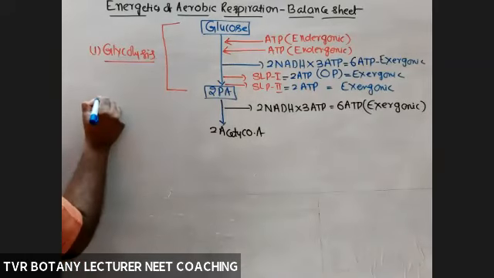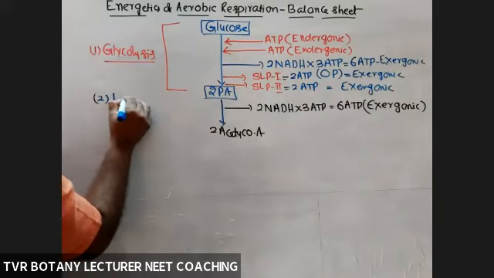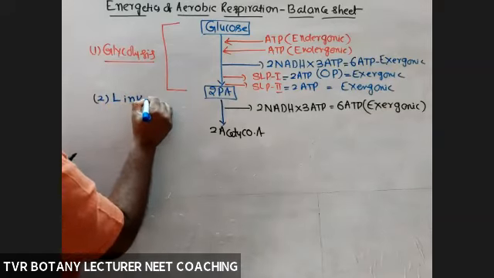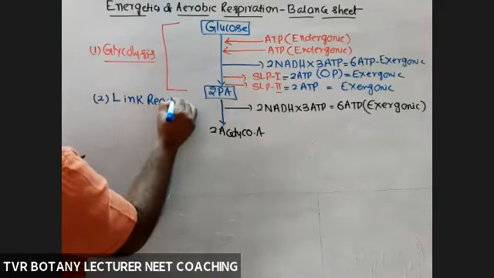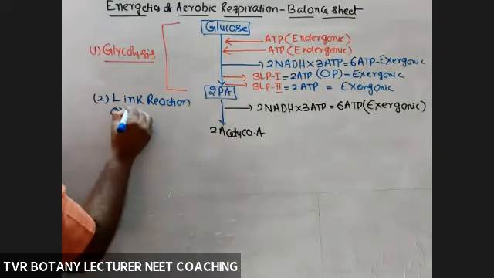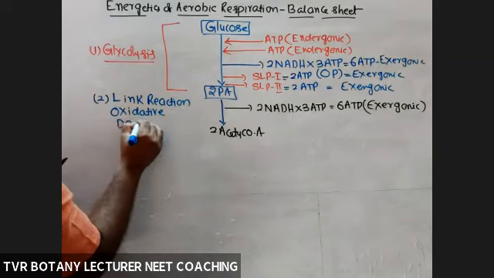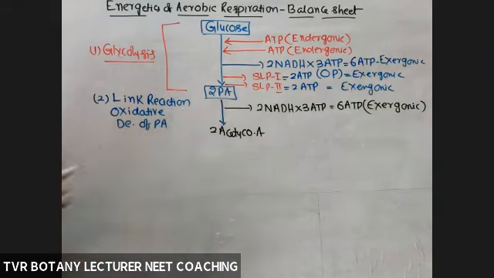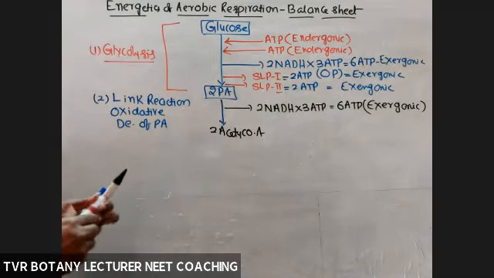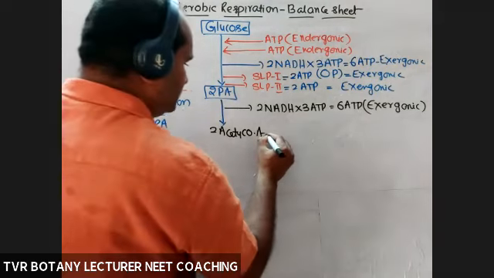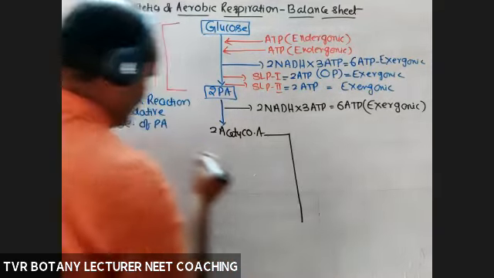Okay, so this one is a link reaction or oxidative decarboxylation of pyruvic acid. Okay, so the main one, most important one. Next one is very, very important. Okay, maximum part of energy is coming from the TCA cycle.